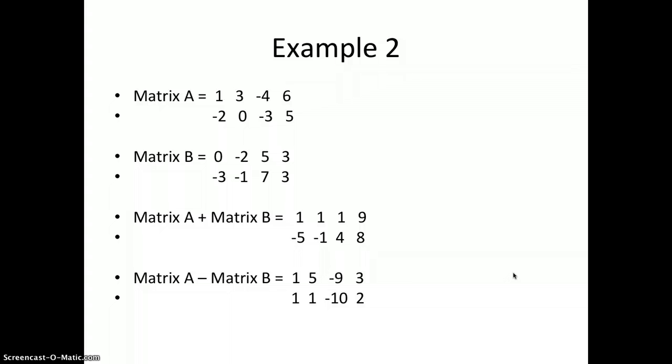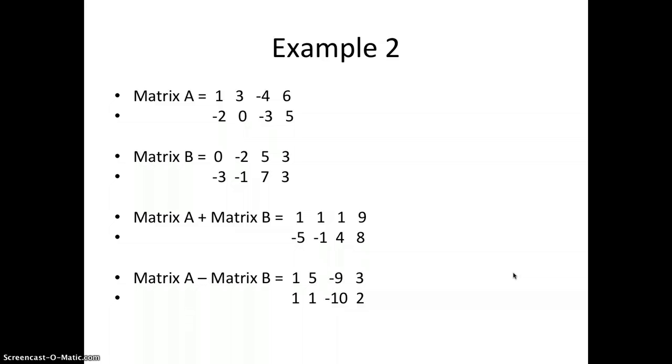So if we want to add matrix A plus matrix B, we would have 1 plus 0 to equal 1, 3 plus -2 to equal 1, -4 plus 5 to equal 1, and 6 plus 3 to equal 9. In row 2, -2 plus -3 is -5, 0 plus -1 is -1, -3 plus 7 is 4, and 5 plus 3 is 8.